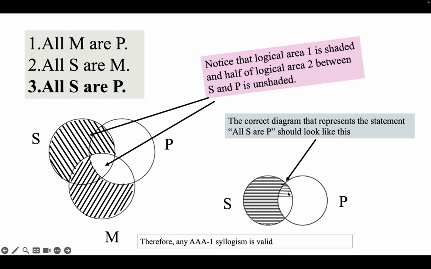If area 2 is completely shaded, then that's not what we're looking for. That's not the conclusion, all S are P. If it's half shaded, that's fine, because I can still say that all S are P. Why? Because this portion of area 2 is empty. Therefore, any AAA1 syllogism is by definition valid.